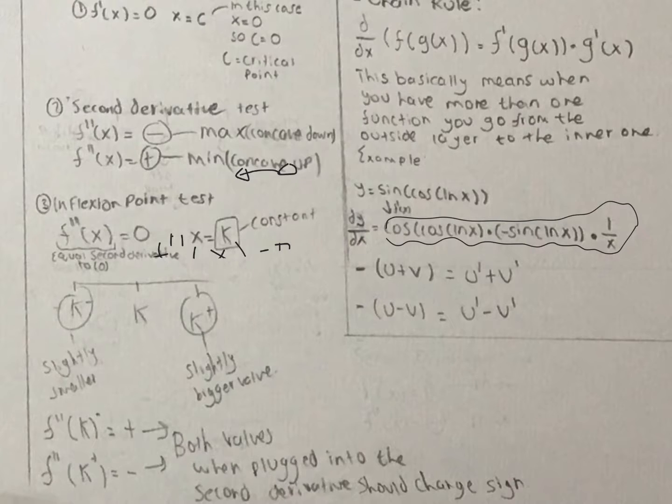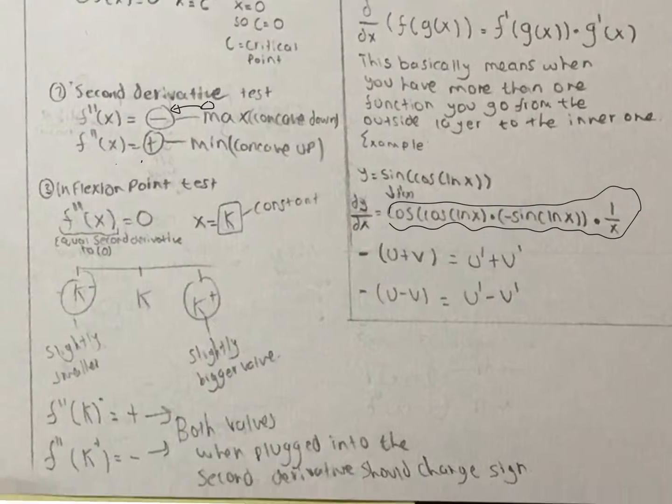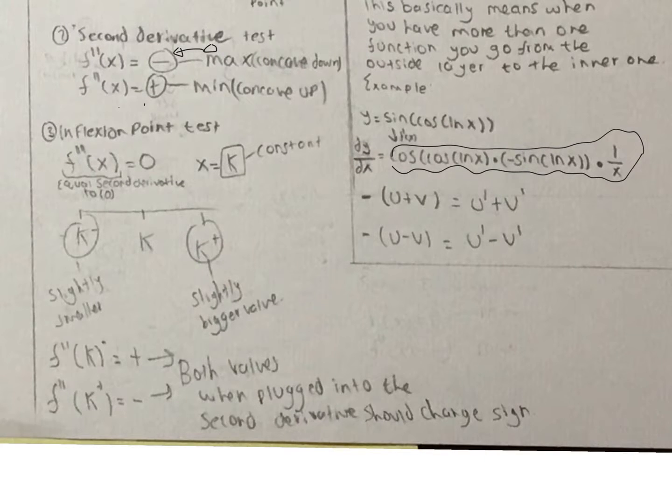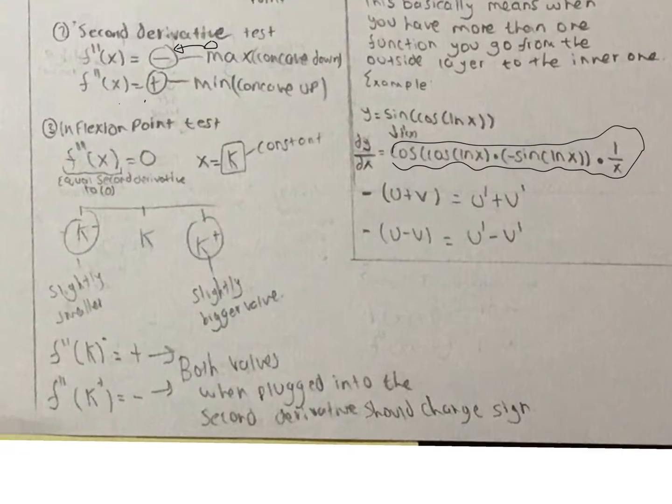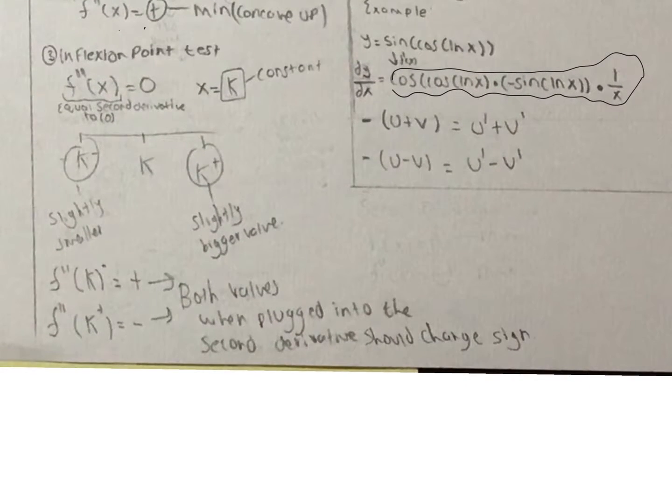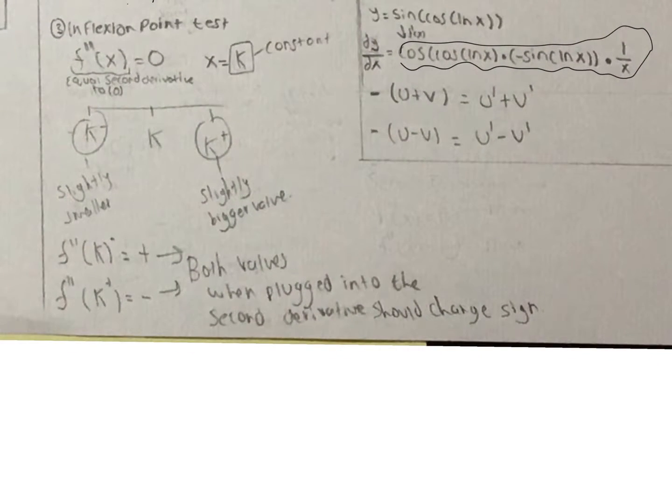Now we have the inflection point test. This is a test when we equal our second derivative to 0, we will get an inflection point. Now they are just subjects. These are just probabilities of it being an inflection point. To know for real if what we have is an inflection point, we need to do the following.